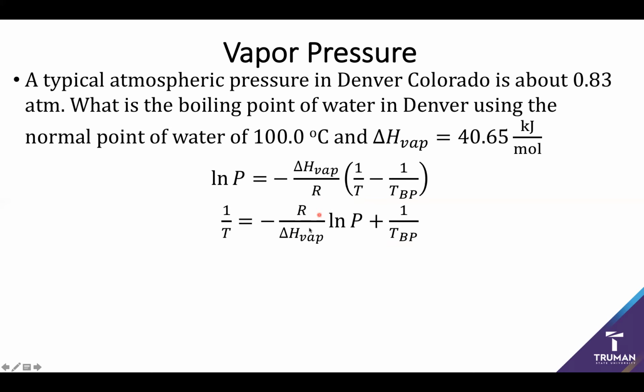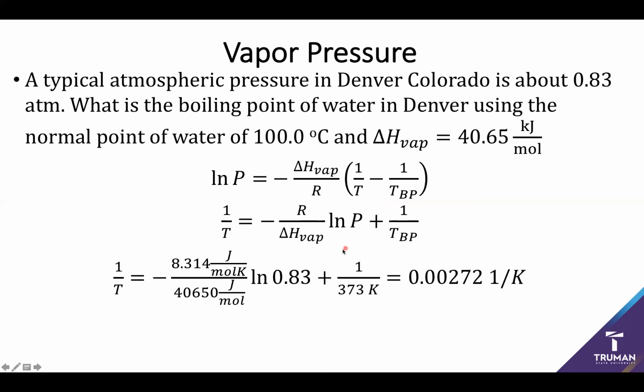Multiply by negative R over enthalpy, and then add in 1 over temperature. It's often easier if you solve for 1 over temperature instead of trying to invert the whole right side. When we do this, watch out for your units and make sure enthalpy and the ideal gas constant are in the same units. And as long as the pressure is in ATM, we should be fine. And again, temperature, always in Kelvin.